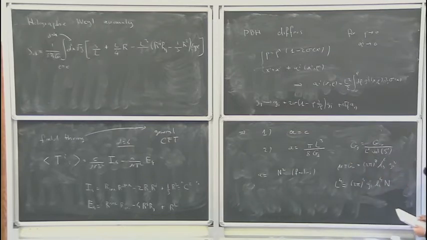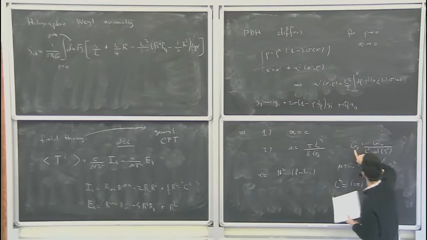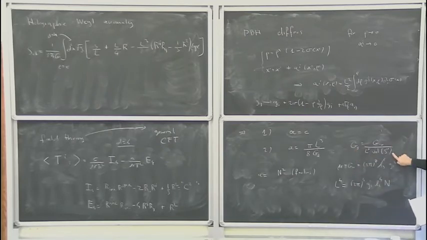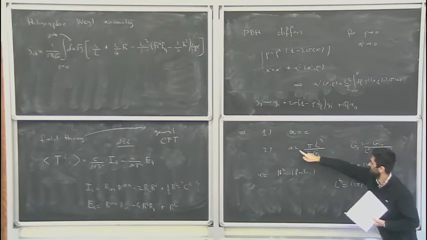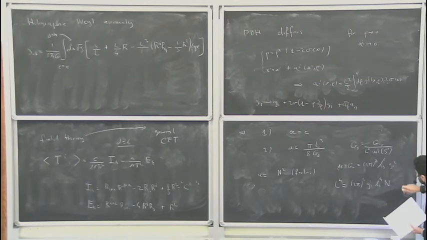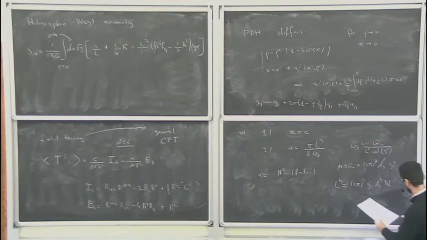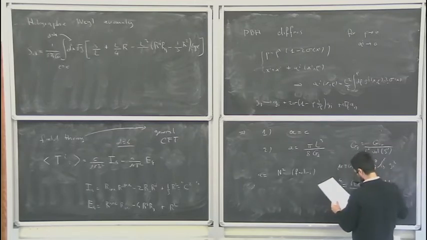And also the other thing to notice is how the volume appears. From here, G Newton has 1 over the volume. Because the formula contains 1 over G Newton, you would think that actually this is linear in the volume. But from this, where was that? Oh, sorry. That's why it didn't appear. There was a denominator here.